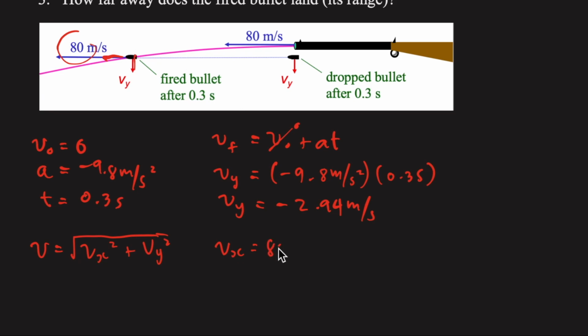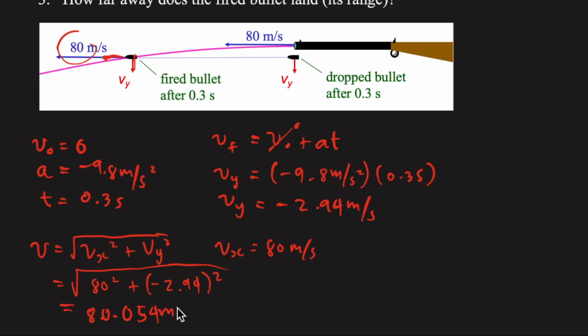Substituting, the square root of 80 square plus negative 2.94 square is equal to 80.054 meters per second.